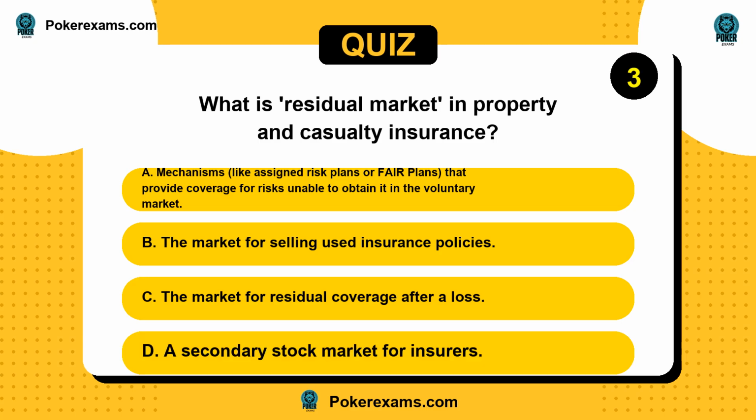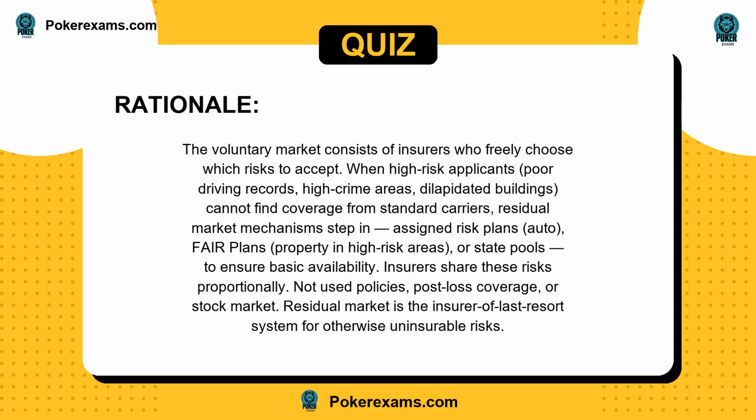The answer is A. The voluntary market consists of insurers who freely choose which risks to accept. When high-risk applicants, poor driving records, high-crime areas, dilapidated buildings cannot find coverage from standard carriers, residual market mechanisms step in, assigned risk plans, auto, fair plans, property in high-risk areas, or state pools to ensure basic availability.